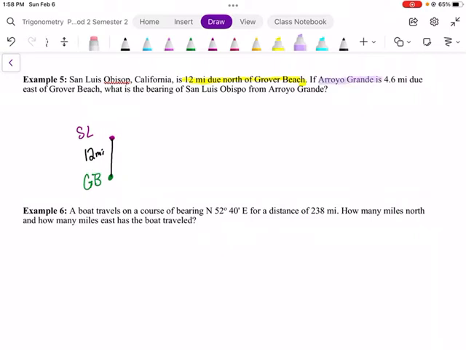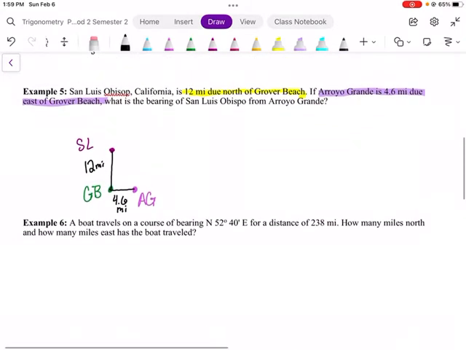And we know Rio Grande is 4.6 miles due east of Grover Beach, so that one is going to be 4.6 miles over here. Because we know San Luis is due north and Rio Grande is due east, that tells us this is a right angle.